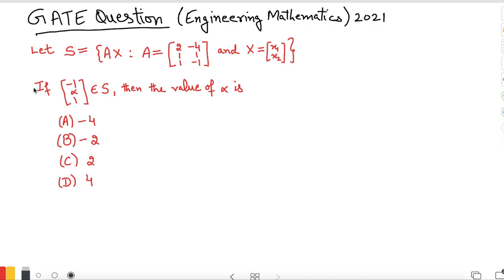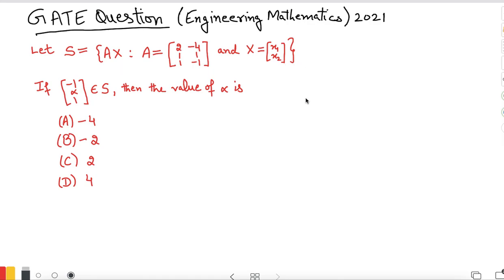So what value of alpha will make this vector lie in this set S, where the set consists of all the vectors which can be written in the form Ax. To solve this, any vector will lie in this set if that vector can be written in the form Ax.